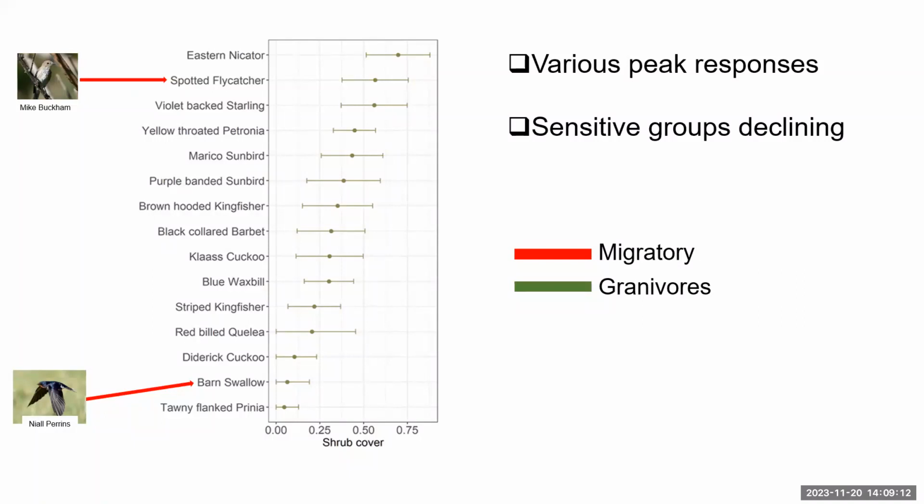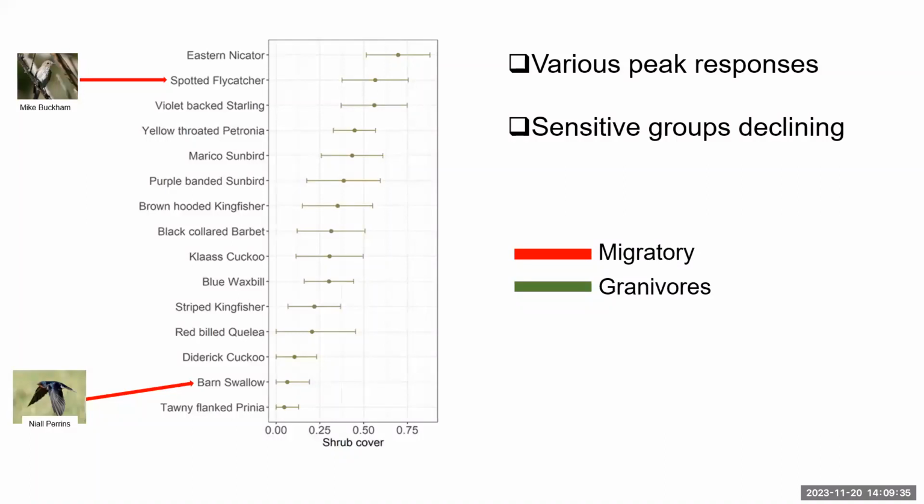But for example, with increase in shrub cover, the barn swallow seems to tolerate really small amounts of shrub. And with the increase in shrub cover, we should expect this species to lose a lot of their overwintering range, specifically because they're already declining at the global scale.